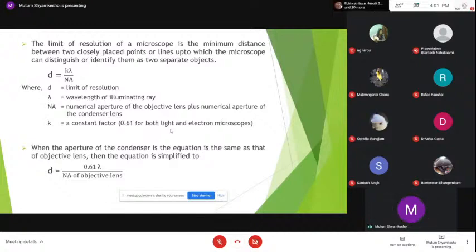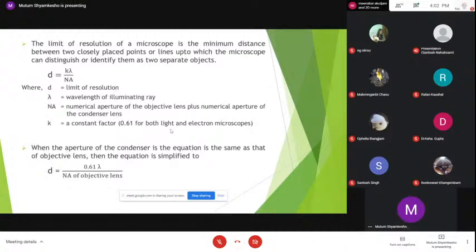But if the distance between these two lines or objects is less than 0.1 mm, then the human eye cannot identify them as two separate points or objects. That is, the images of the two points or objects overlap each other, and it is known as unresolved image formation.